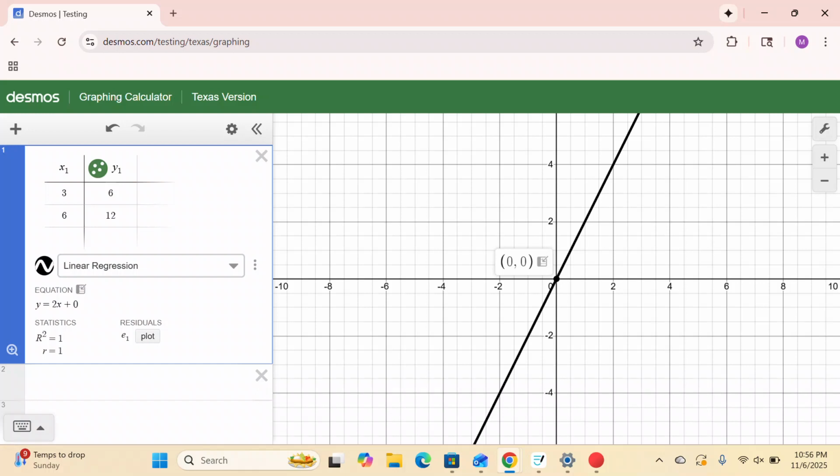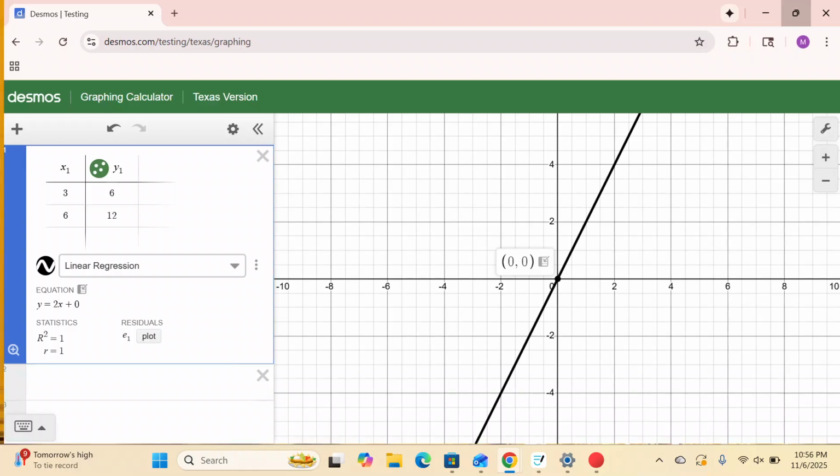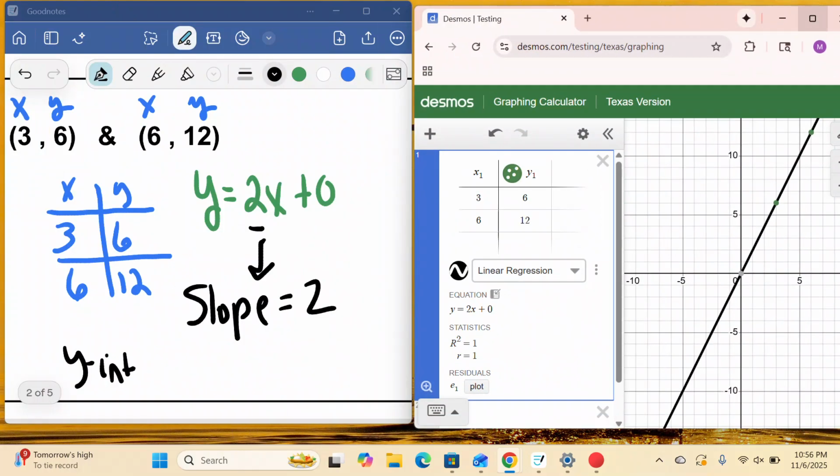If I ask you what is my x-intercept, it also crosses at 0, 0. So you have your y-intercept being 0, 0, and you have your x-intercept also being 0, 0.